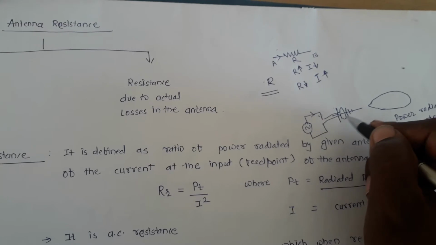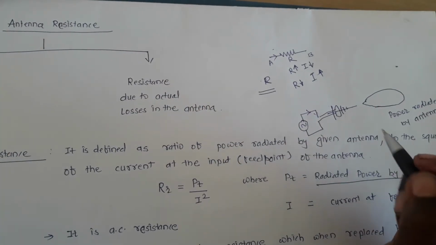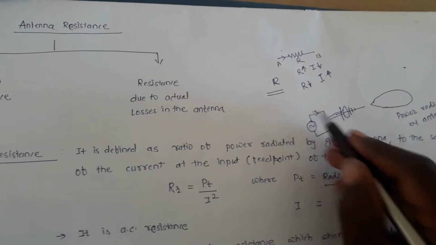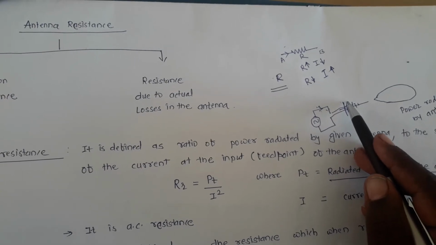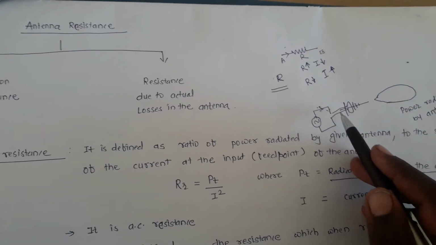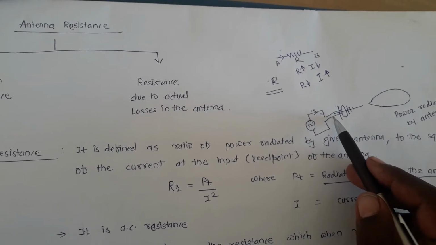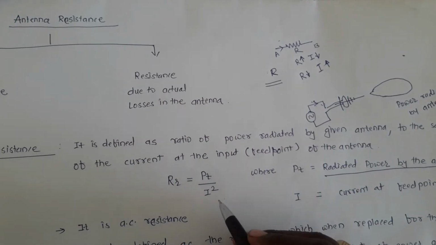The folded dipole, directors, each and every point gets affected with the help of this current. The feed point is located at the folded dipole's input. So, whatever current we are applying at the feed point of this Yagi-Uda antenna, the square of that current we have taken.